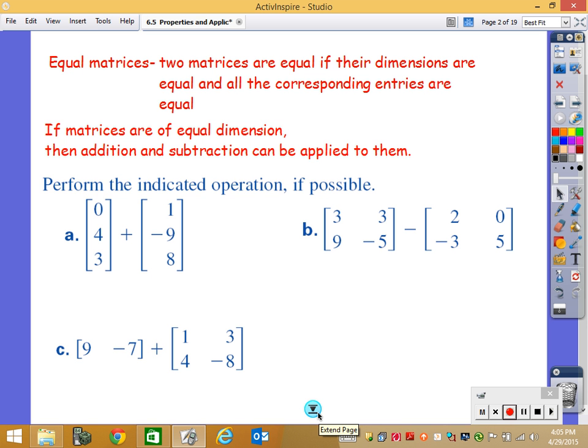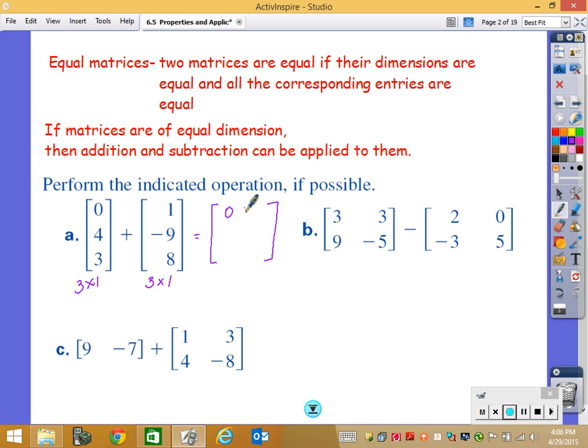So in problem A, what is the dimension of the first matrix? We say 3 by 1, 3 rows, 1 column. The second matrix is also 3 by 1, so we should be able to add those. And this is where you're going to show your work.